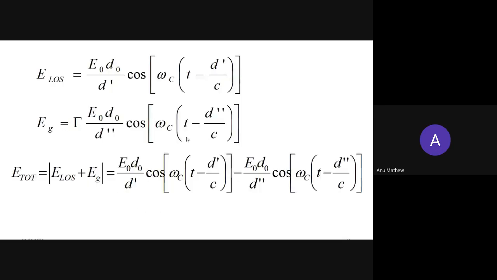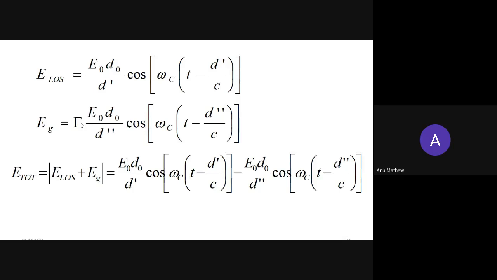So E total equal to E LOS plus EG, that is equal to E naught D naught divided by D dash cos omega C T minus D dash by C, minus. We already said that tau has a value of -1, because for small values of theta I the reflected energy is equal and out of phase.